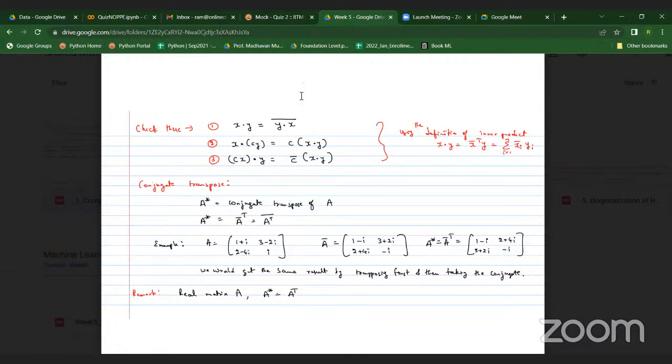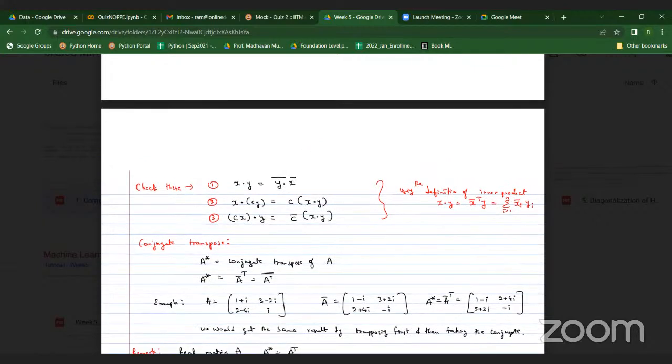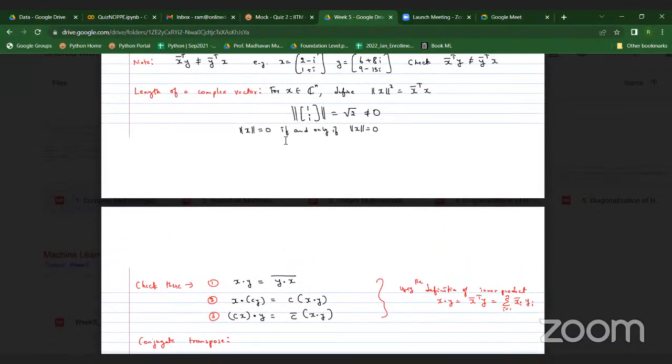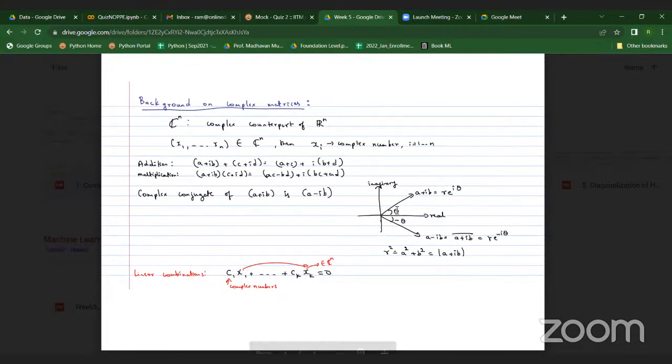Okay. The other important concept is we forgot to discuss the conjugate. The conjugate of a complex number a plus ib is a minus ib. You just change the sign of the complex part. So this is the same value, the same radius r, but with the angle of minus theta.